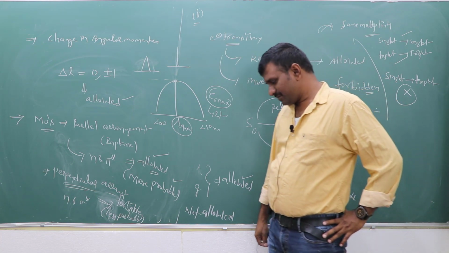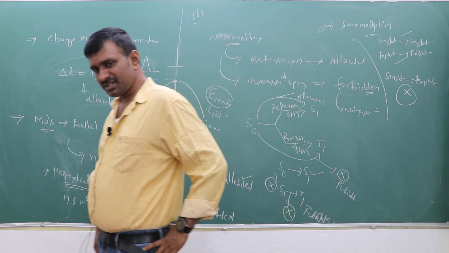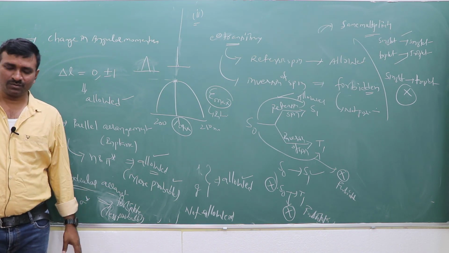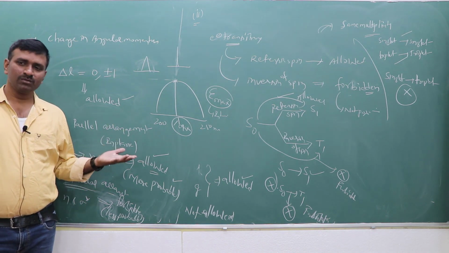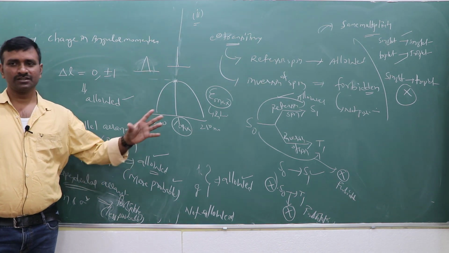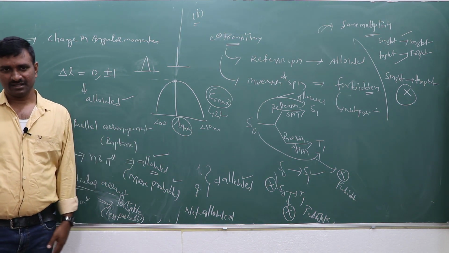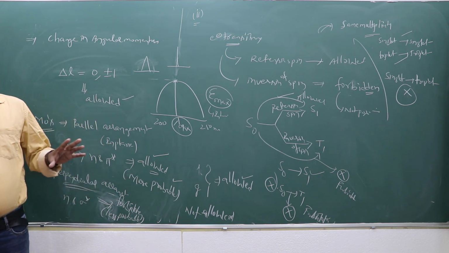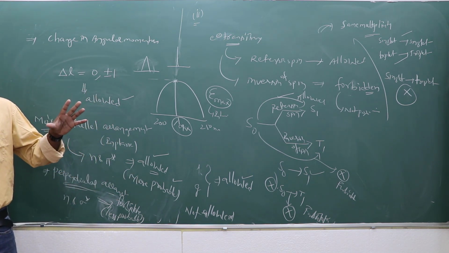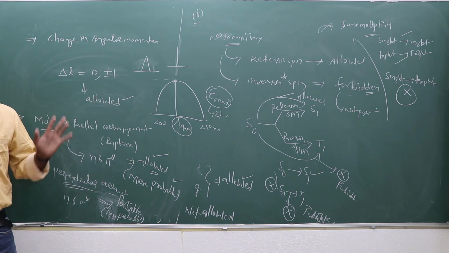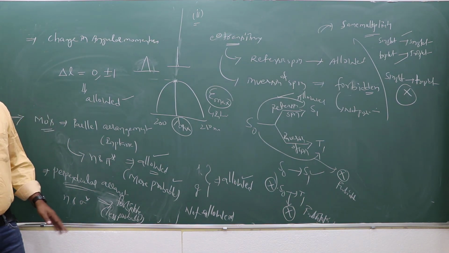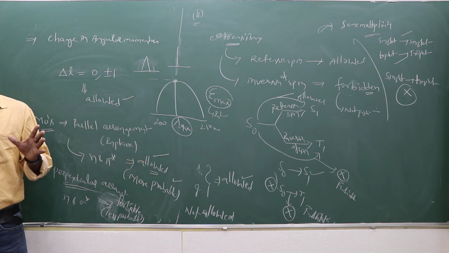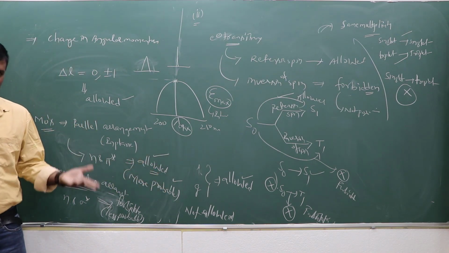For an electronic transition to be possible, the energy must be available in the 200 to 800 range. If the energy for the electronic transition is not available in that range, then based on the energy criteria that transition is not possible. If the energy is available, it is possible in that range.